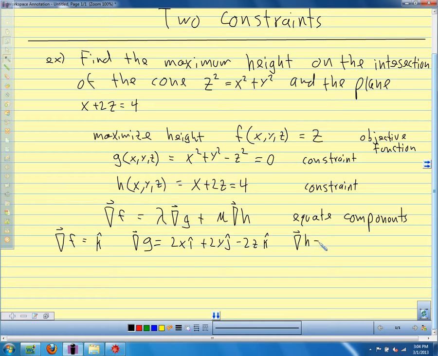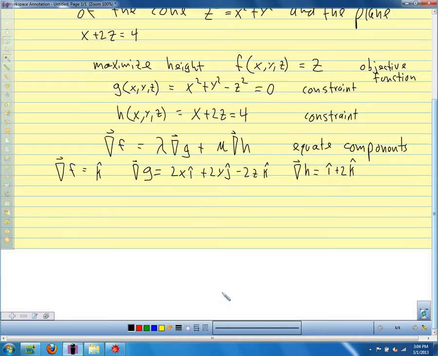And del h is just going to be i plus 2k. And this is our equation, and we're going to equate the components of this equation.